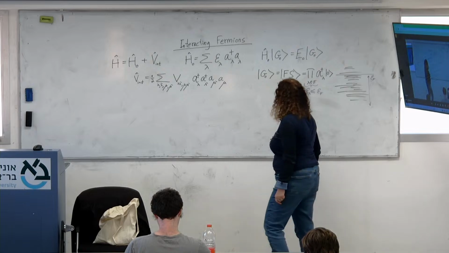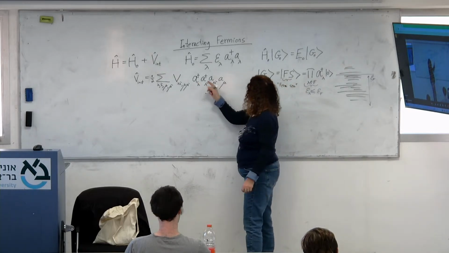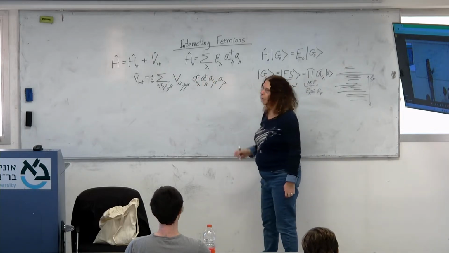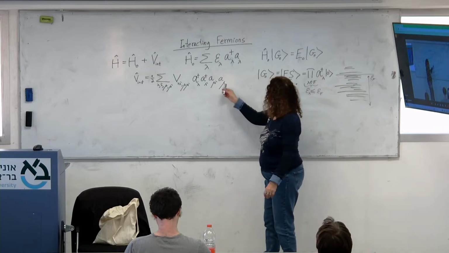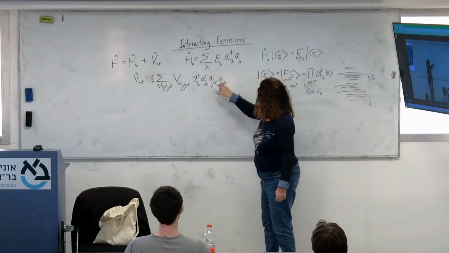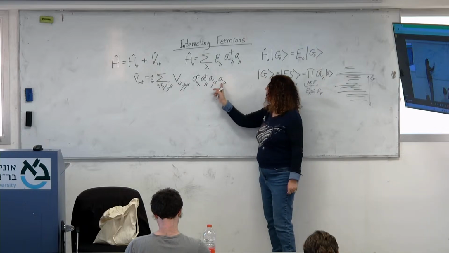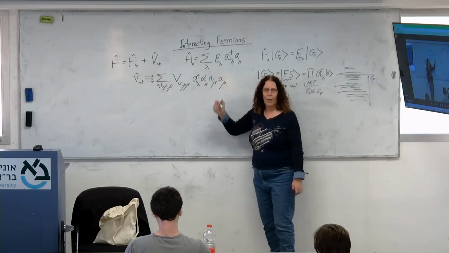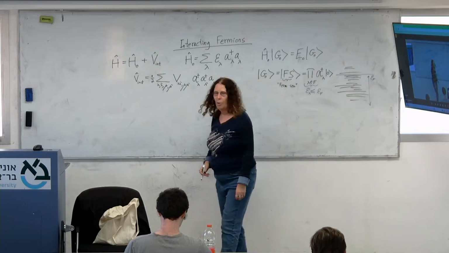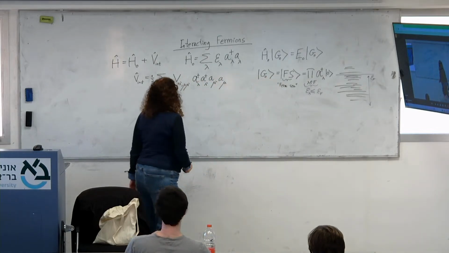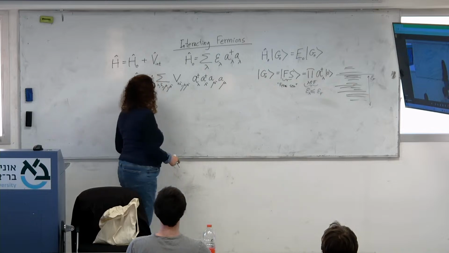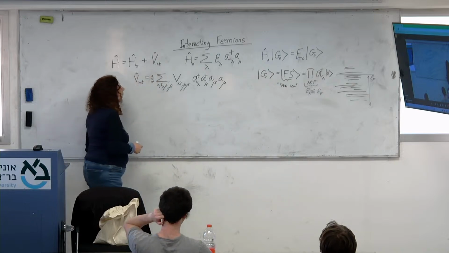And it describes all the possible processes where we annihilate two fermions with quantum numbers mu, mu prime, and recreate them as lambda, lambda prime. And we have to sum over all these processes.